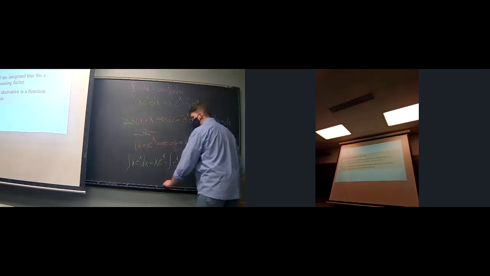Honestly, I'm not the biggest fan of their guidelines because I don't know that I've ever come across a set of simple rules for integration by parts that I thought was a decent set of rules. I think this is very much something that you have to get a feel for.